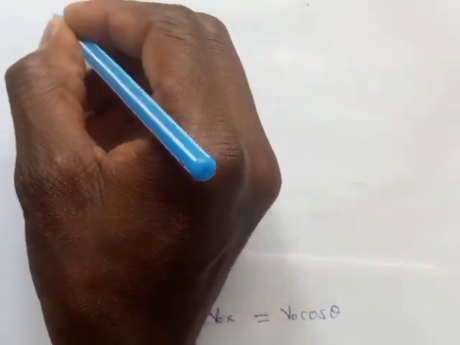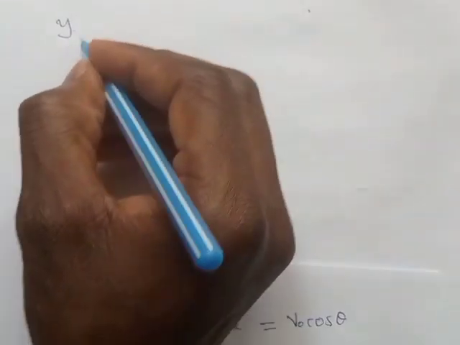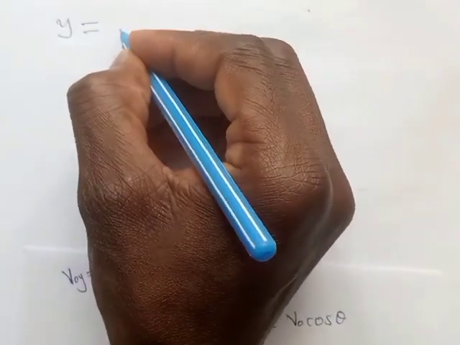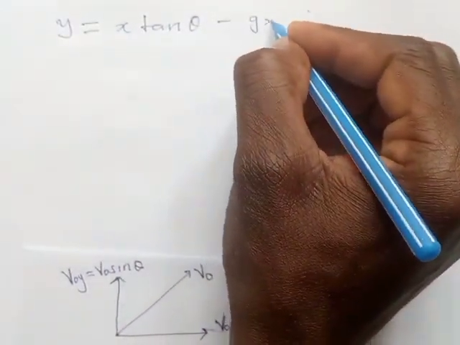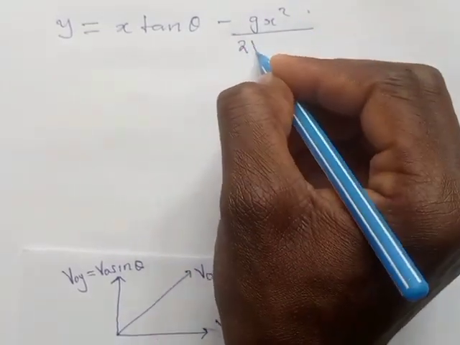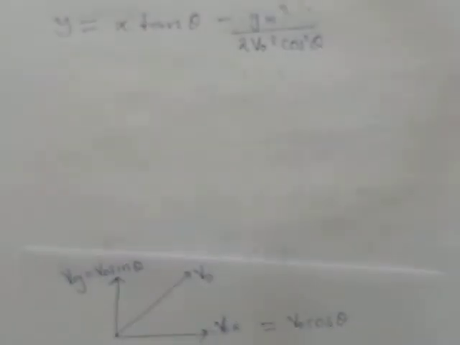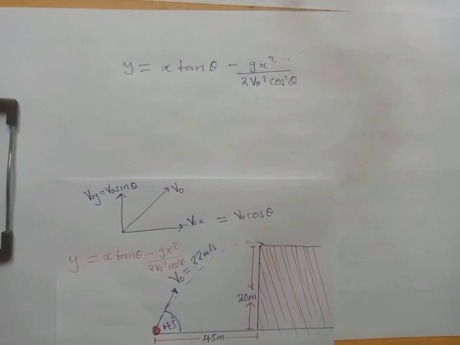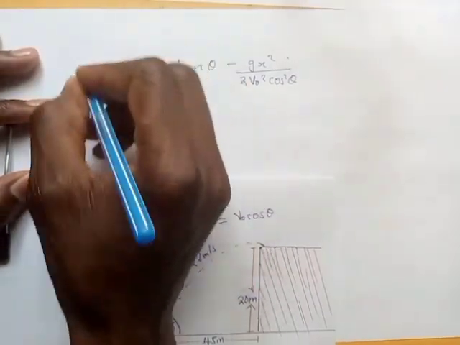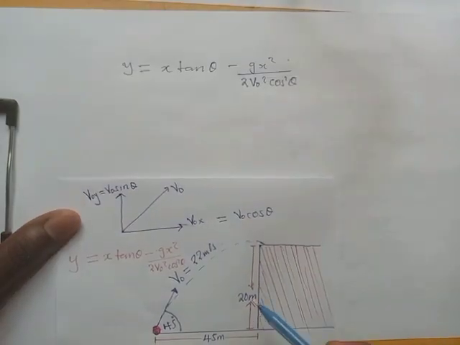I'll say y equals x tan theta minus g x square over 2 v initial square cos square theta. Remember, I just want the value of y. If I'm able to find the value of y, that's when I will relate it to say, is it above 20 or below 20?